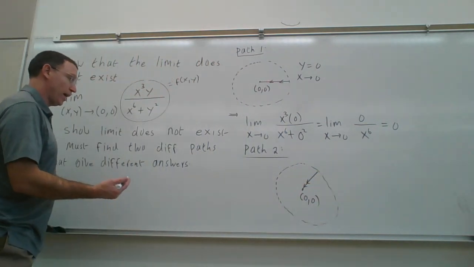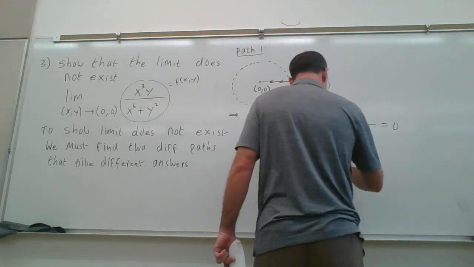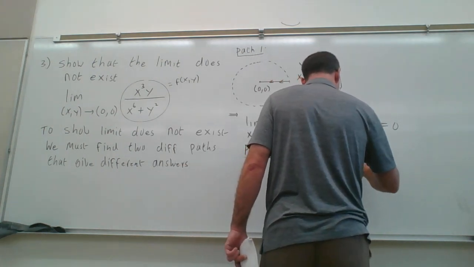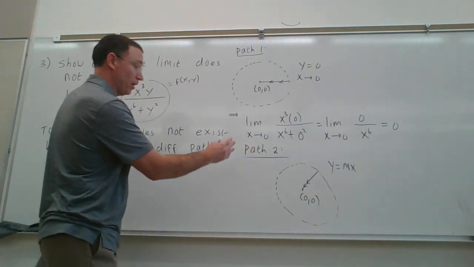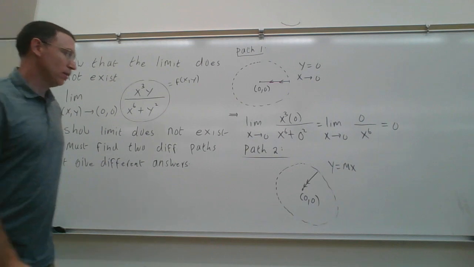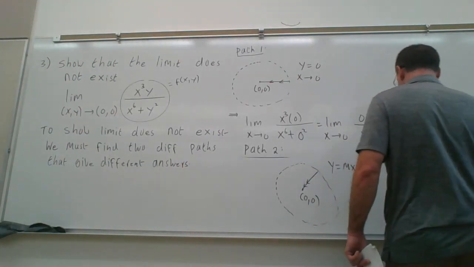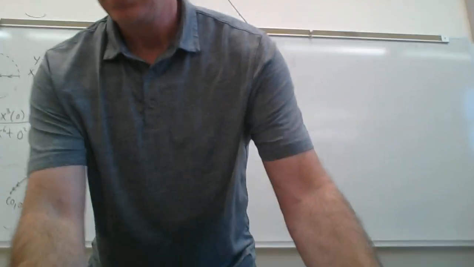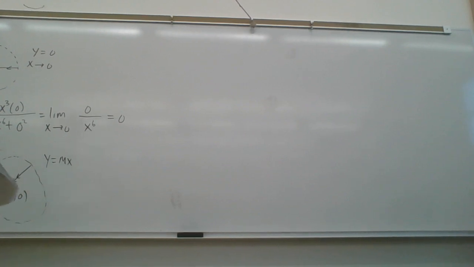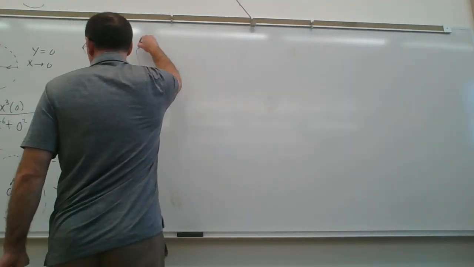So that'd be y equals x, or you could say in general, y equals mx. So this one could vary, so any line coming into (0,0). So along this path then, we'll have our limit.